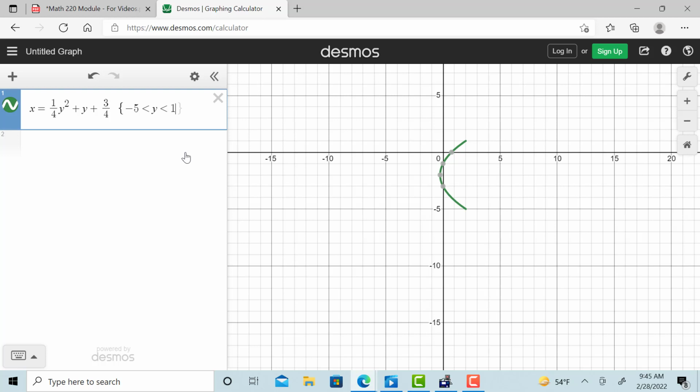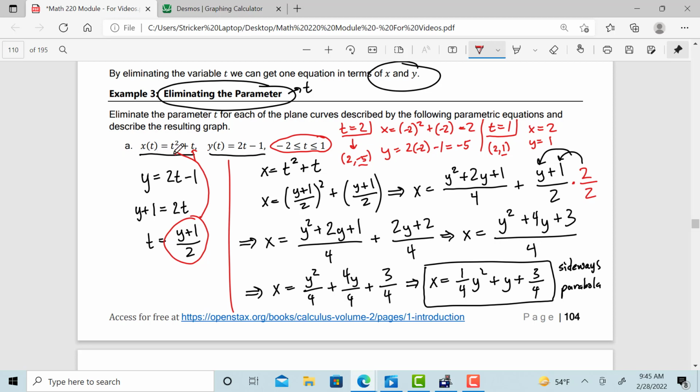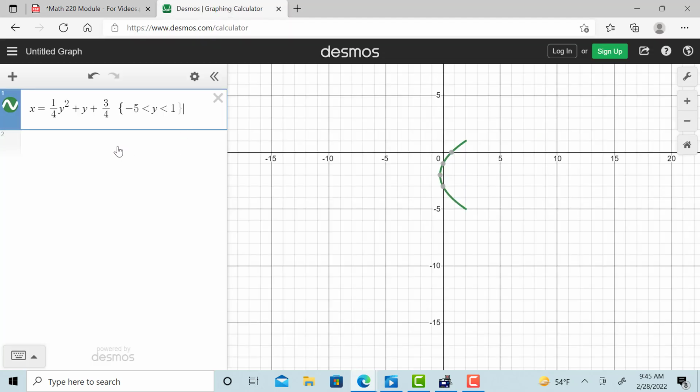I also want to show you, though, how to use Desmos to graph just parametric equations in their standard form. Remember, x was equal to t squared plus t, and y was equal to 2t minus 1. So how does that look? All right, so what we do is we graph it as a point. Like an ordered pair, we make our parentheses, and x, again, was equal to t squared plus t, and then we go comma, what y was equal to.